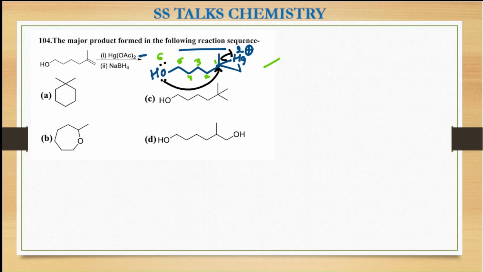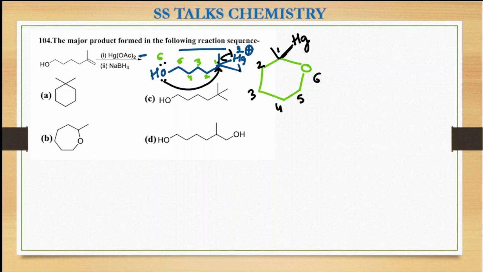So we are getting this ring. At one of the positions the oxygen atom is also present, right? So you can do the numbering for this. This is 1 2 3 4 5 and the sixth one. At the first carbon center there is one methyl group present like this, and in the other species, again this methyl substituent will be present, and this Hg positive will be present as the substituent, right?